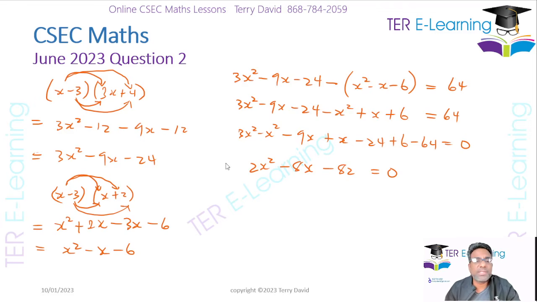Right? Now let me just double check this before I work the final answer. So that's 3x squared minus... Okay, so let's now. I have an error here. Hold on.